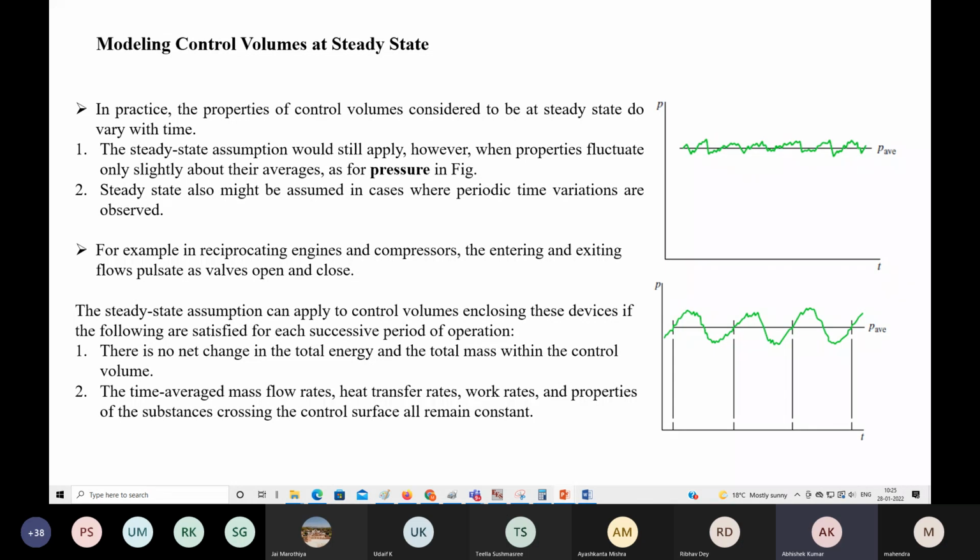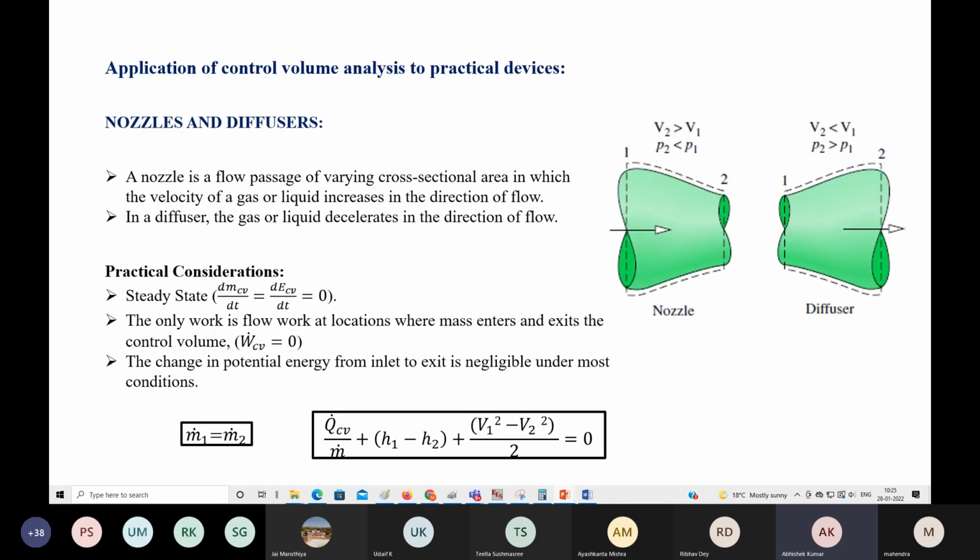However, all the systems we consider in thermodynamics are treated as steady state, for our convenience. By minimizing these fluctuations and considering a certain average, we are making a steady state approximation.